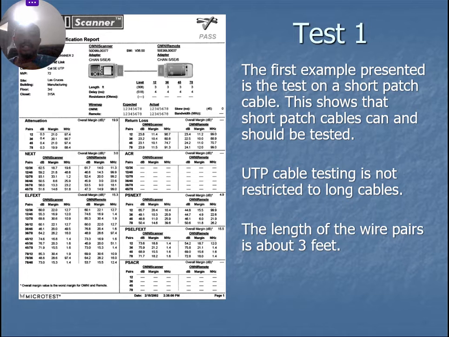When this cable was tested, the results for attenuation, equal level far end crosstalk, power sum near end crosstalk, power sum attenuation to crosstalk ratio, and return loss all show pass.